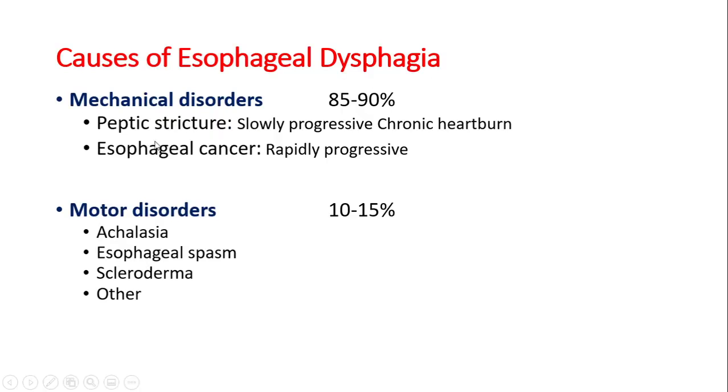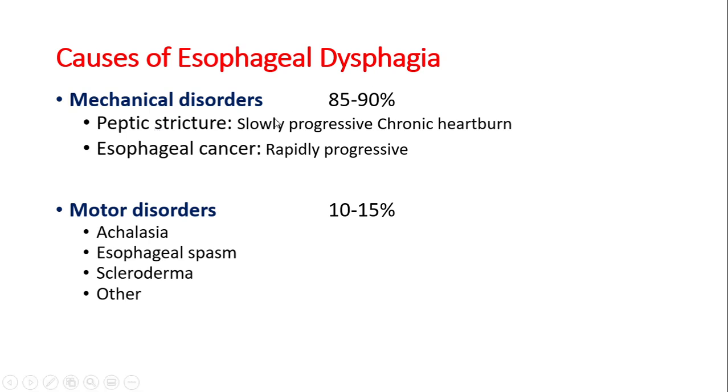Mechanical disorders: the most common cause of esophageal dysphagia is mechanical disorder rather than motor. Mechanical is mainly related to peptic disease or peptic stricture. Peptic stricture, the most common cause, is related to reflux esophagitis and gastroesophageal reflux disease and its complication.